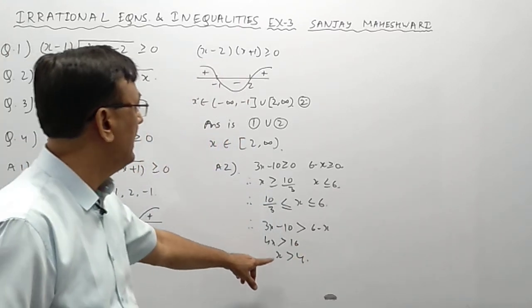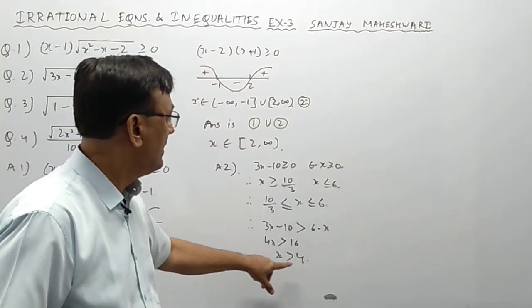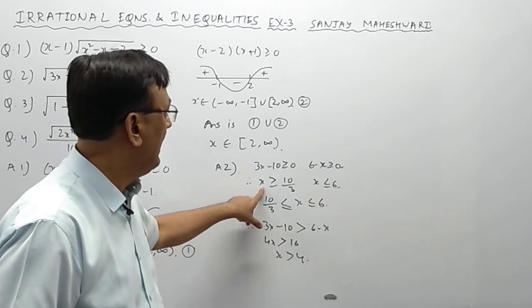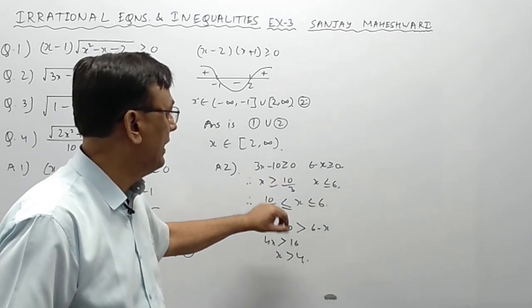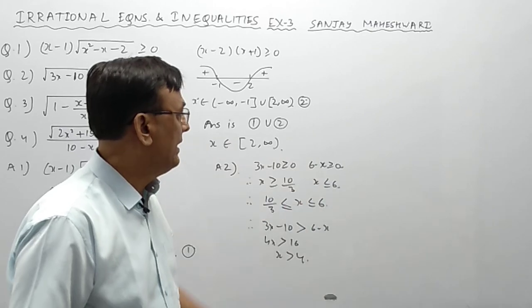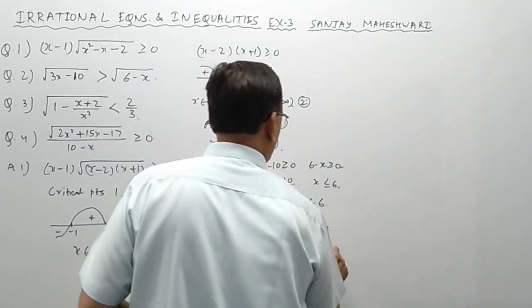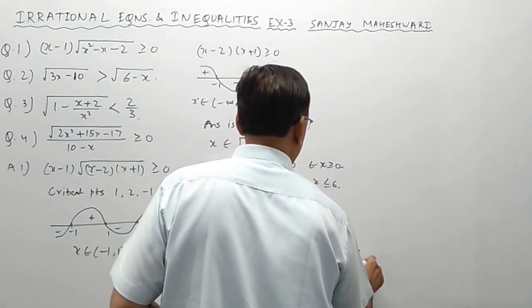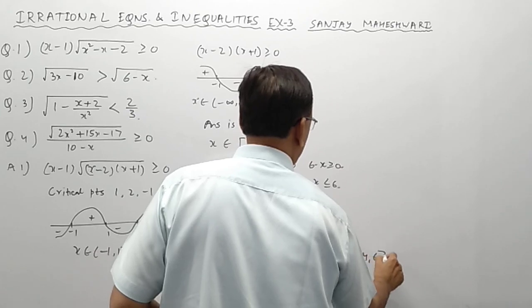Now you can easily see that x is greater than 4, x is greater than or equal to 10 by 3, and x is less than or equal to 6 also. Therefore the final answer is x belongs to 4 open to 6 close.